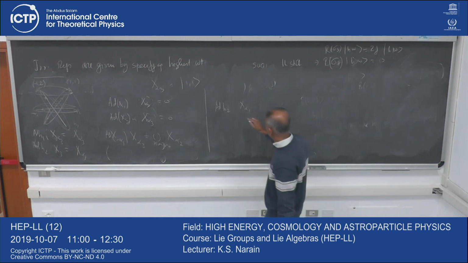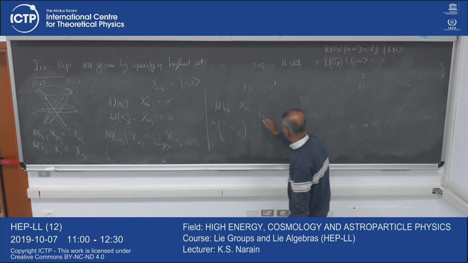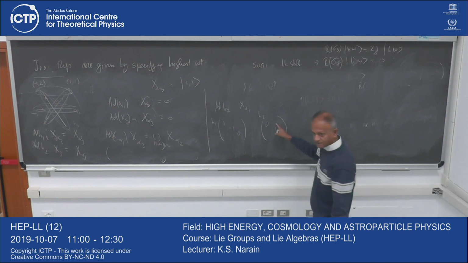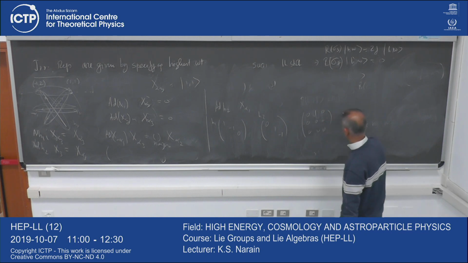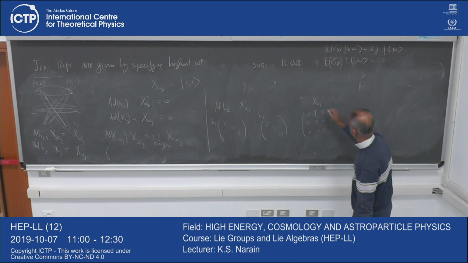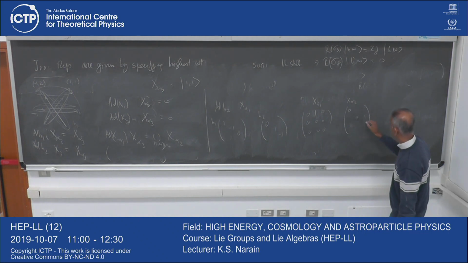If you look at X alpha 1, and H1, H1 was this, 1, minus 1, 0. H2 was, in our definition, 0, 1, minus 1, and 0. X alpha 1 was 0, 1, 0, everything else 0. And X alpha 2 was 0, 0, 1, right?